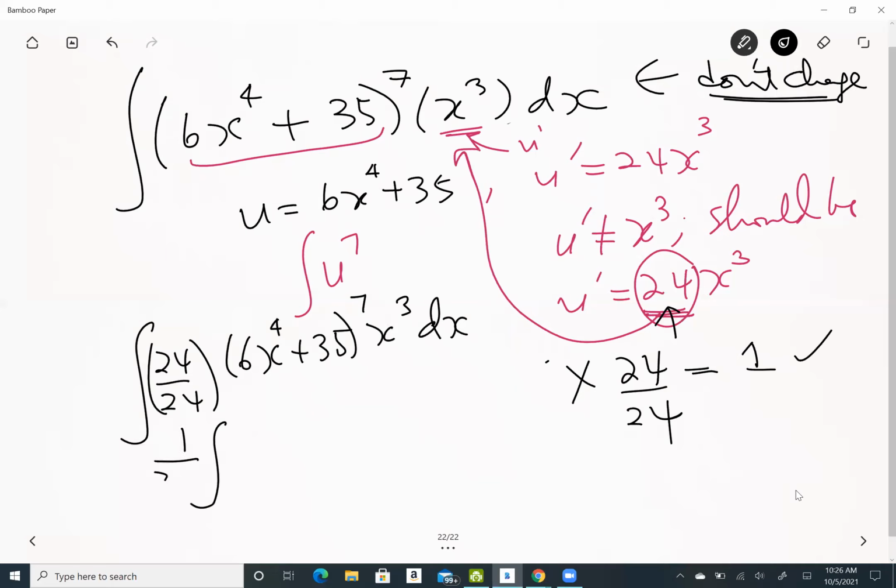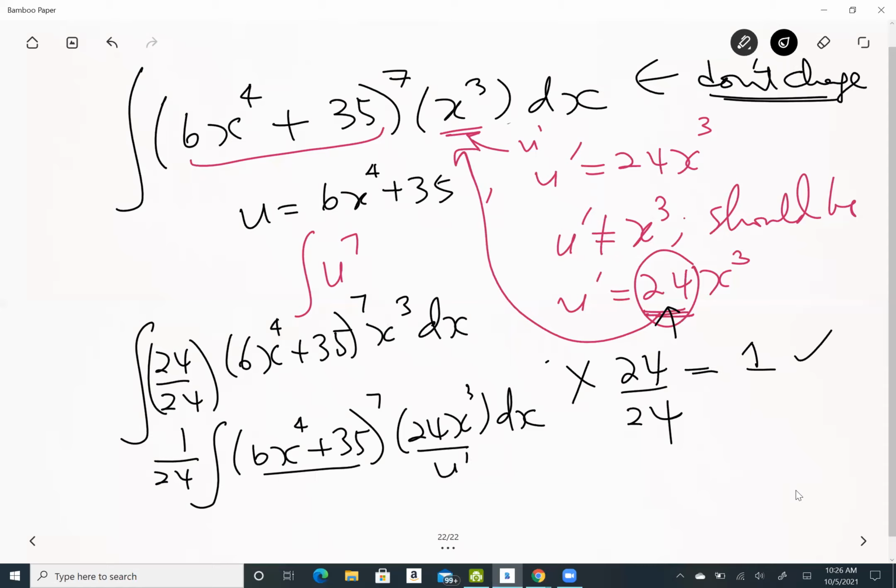Now this is u prime, and that is u. So now I have the form u to the power of 7 multiplied by u prime, which is 24x cubed.